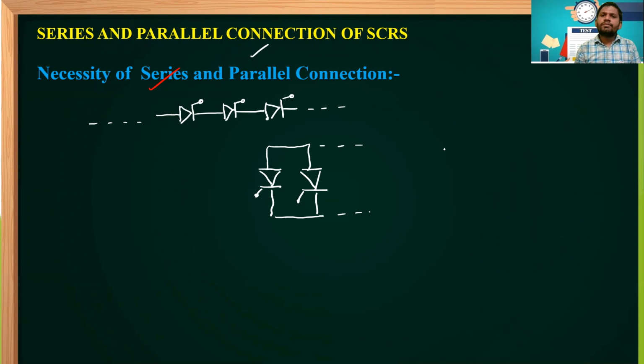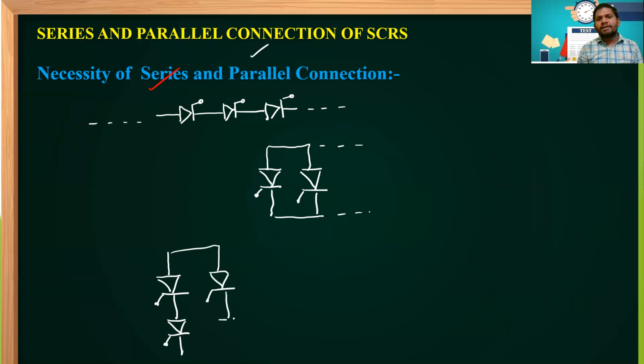Or otherwise, let us assume that SCRs are connected in both series and parallel. This is the series connection of SCRs, and these are connected in parallel also. Like this, we can frame different types of strings.